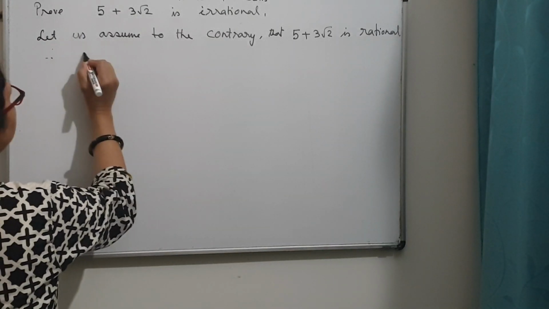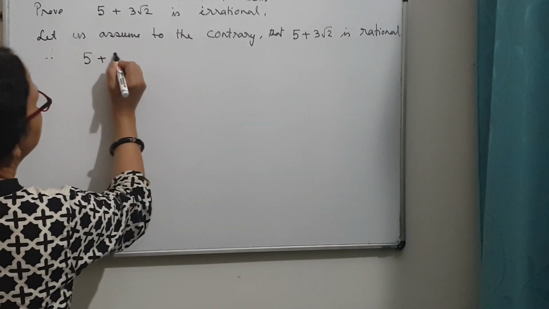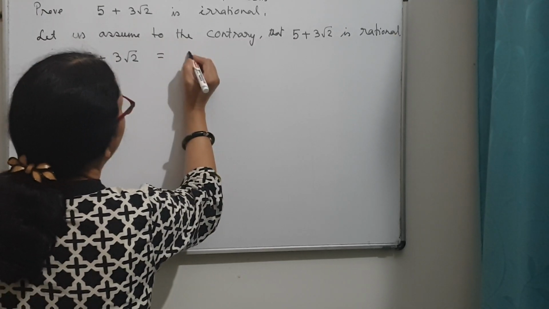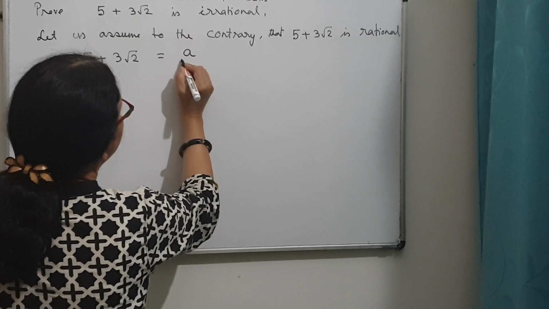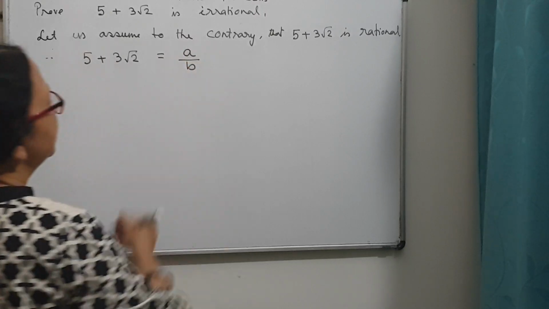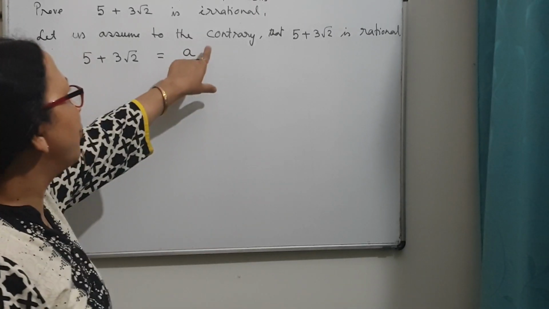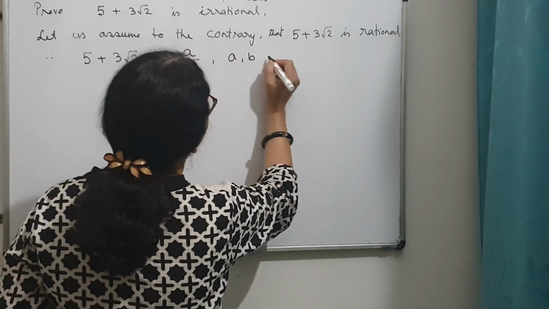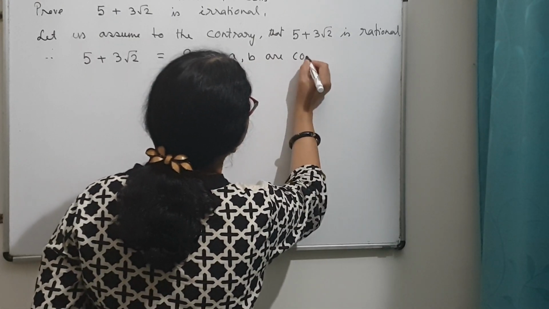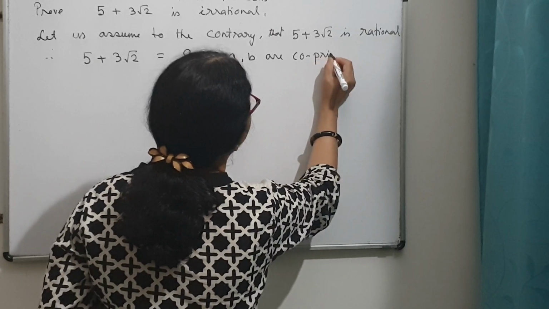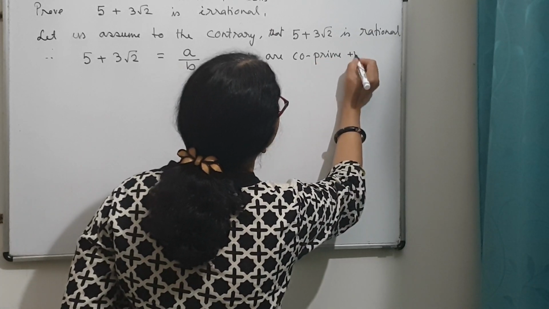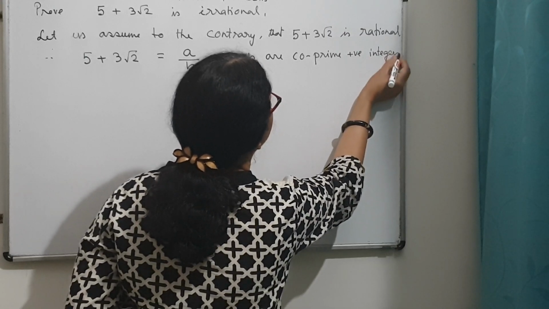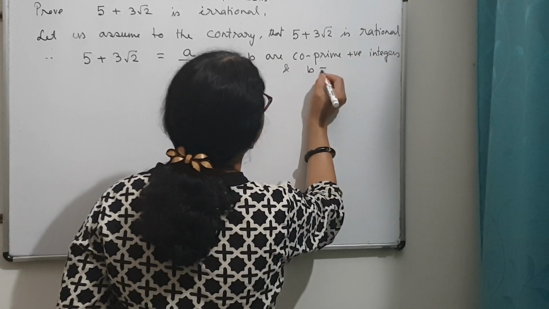So since this is a rational number, I can write it in the form P upon Q, or A upon B, let me write A upon B. That is the rational number in its lowest form. That means A and B are co-prime positive integers and B is not equal to 0.